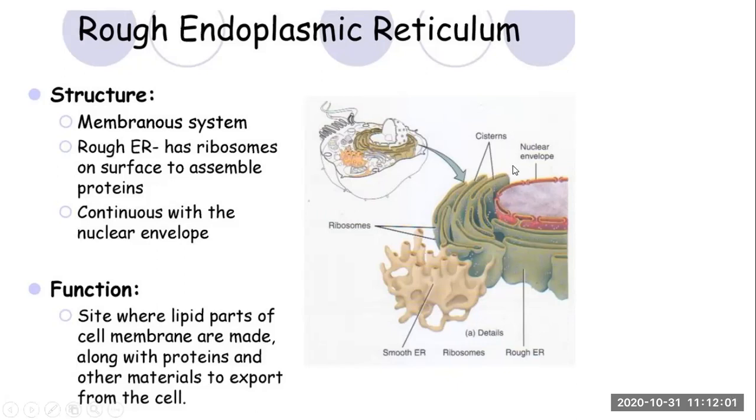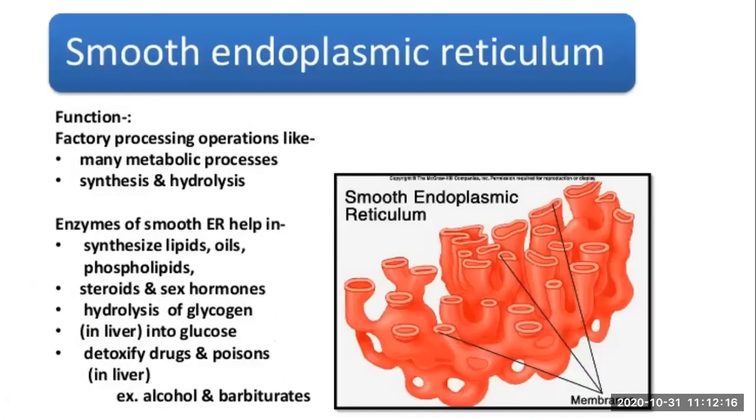This rough endoplasmic reticulum, which is attached with the nuclear envelope, can also be helpful in the membranous flow. With the help of this endoplasmic reticulum, they can also be involved in the membrane flow, or the molecules which are found, like RNA or the nuclear protein, may pass out from the nucleus to the outside of the cell.